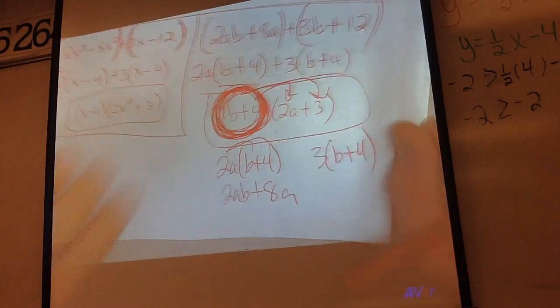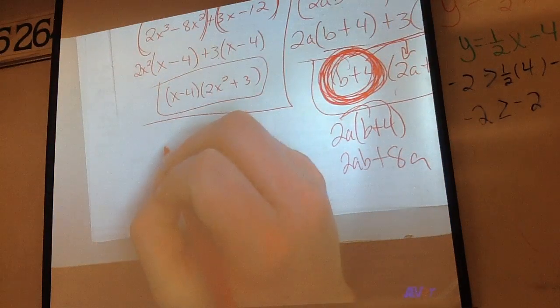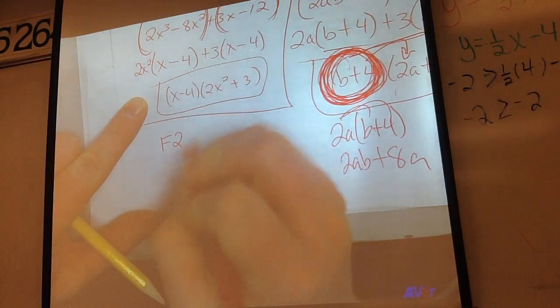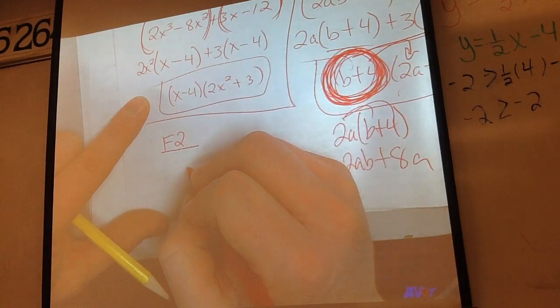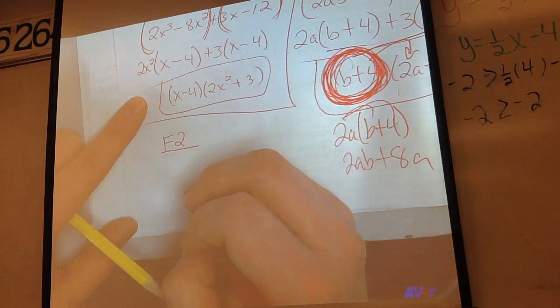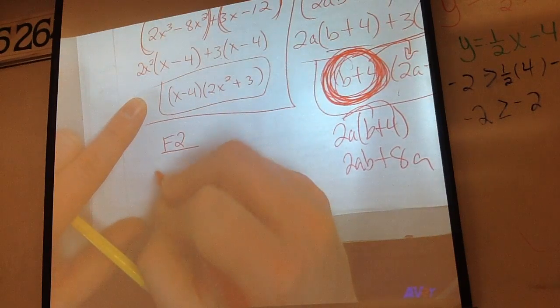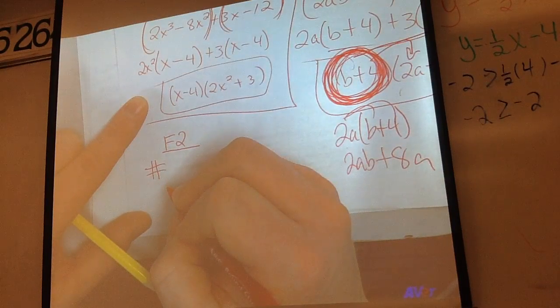Are we still having this worksheet? Yep. You solve the next problem. We did 1 through 8 yesterday. 14.